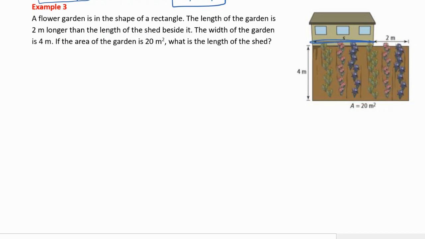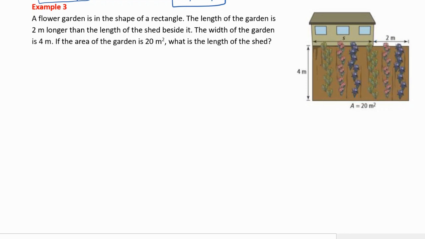We don't know the length of the shed, but the garden is 2 meters longer. The width of the garden is 4 meters. If the area of the garden is 20 square meters, what is the length of the shed?